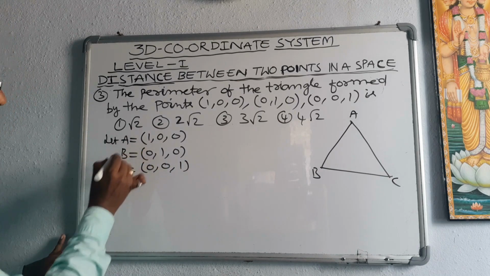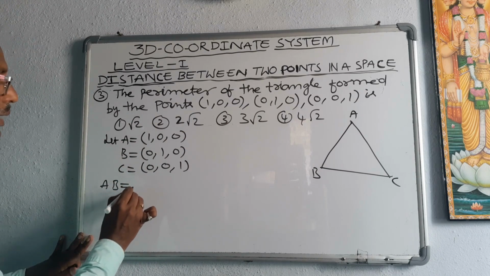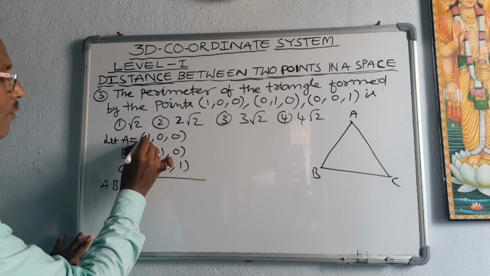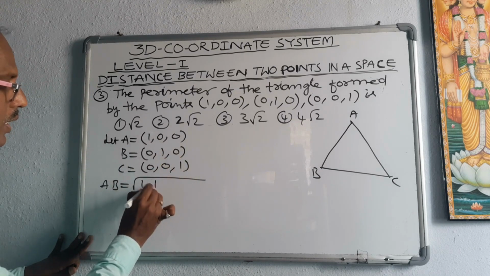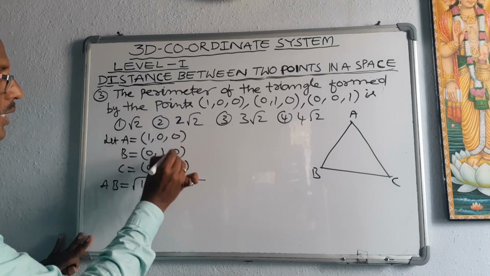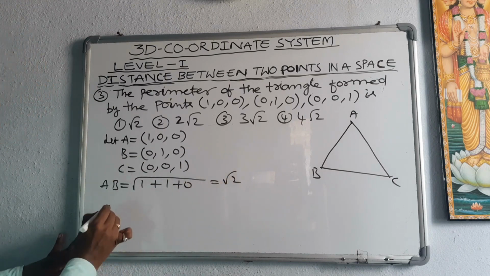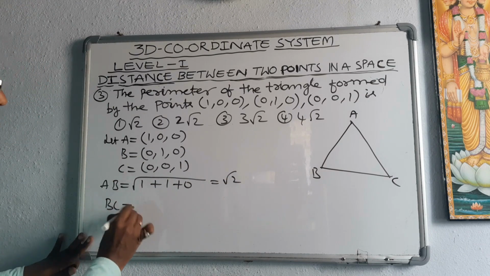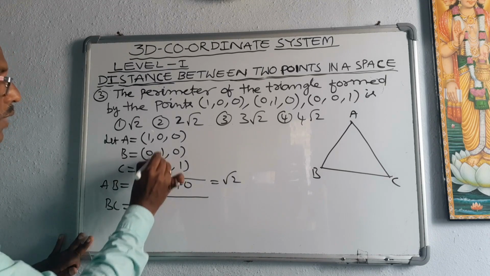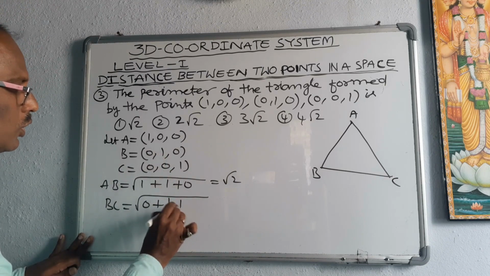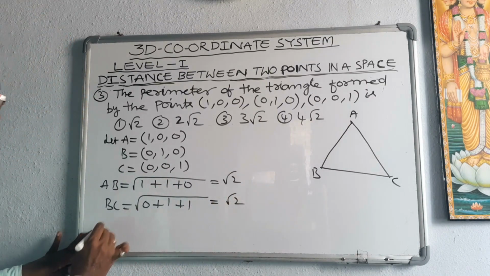To find the AB length, apply the formula for distance between two points. (1 minus 0) whole square 1, (0 minus 1) whole square 1, (0 minus 0) 0, that equals root 2. BC length: (0 minus 0) whole square 0, (1 minus 0) whole square 1, (0 minus 1) whole square 1, that equals root 2.